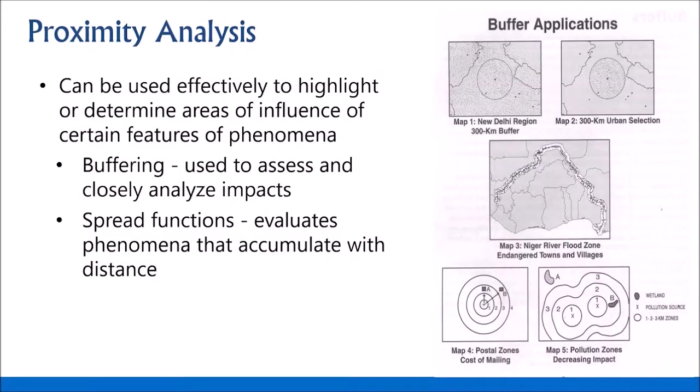Then we also have proximity analysis, which are used to highlight or determine areas of influence of certain features or events. And examples of these are buffering and spread functions. So buffering is just setting a buffer distance away from a point or a polygon or a line to determine impact areas.